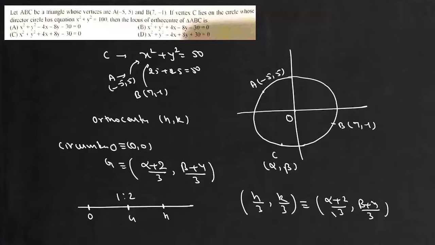So from here we can find alpha, and this alpha will be equal to H minus 2 and this beta will be equal to K minus 4. Now alpha beta will lie on this circle, so we'll put the value of alpha beta here.